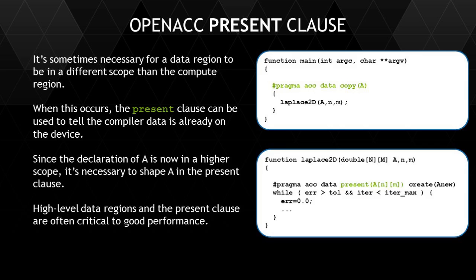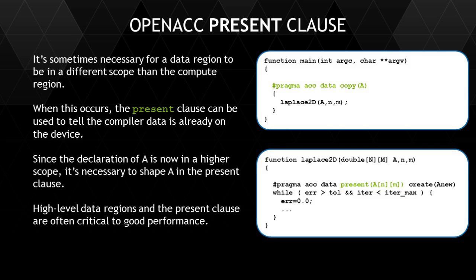Inside of main now, I've handled copying A to and from the device. So if there were other functions within this data region, they can reuse that copy of A. And then inside of my function call where I'm doing the work, you can see I've marked A as being present on the device. That's specifying that the compiler can assume that I've already moved the data there elsewhere. And I've also specified create A new.